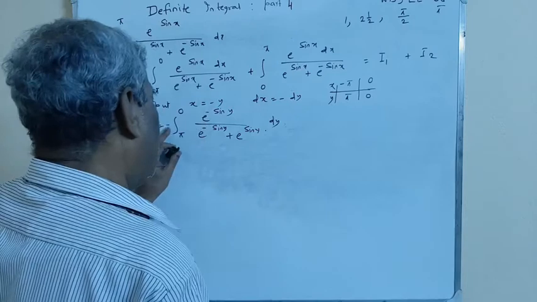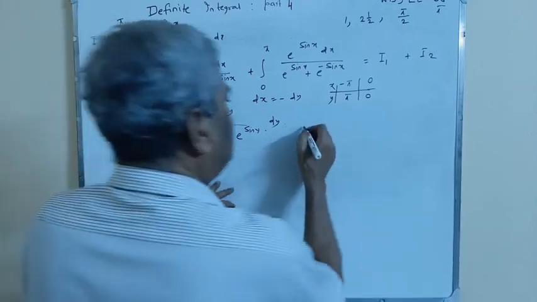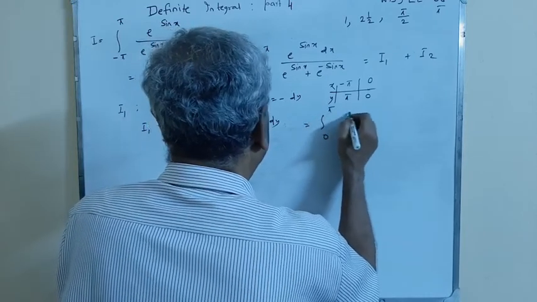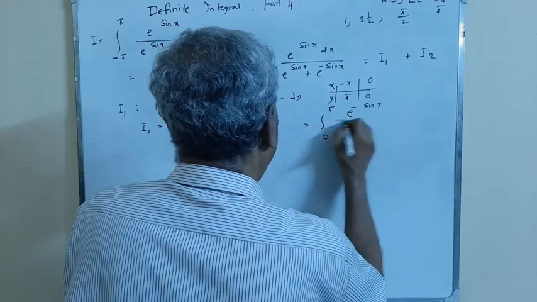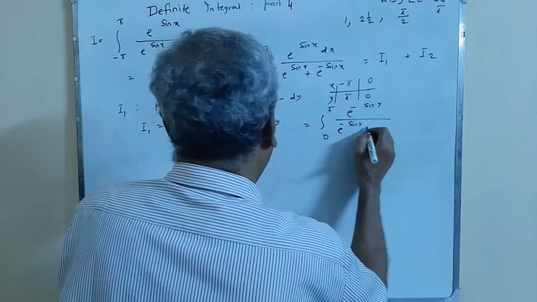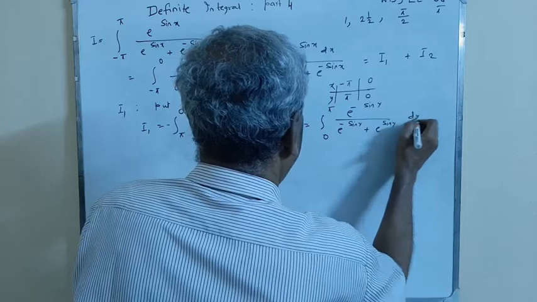Now negative is there, so we can change the limits. It becomes 0 to pi e to the power minus sine y by e to the power minus sine y plus e to the power sine y dy.